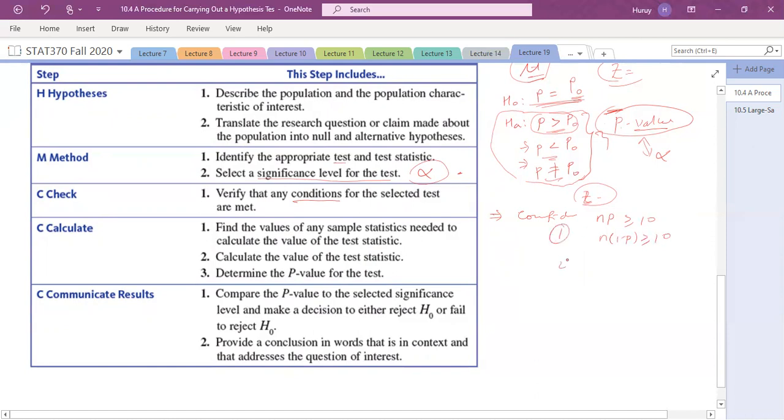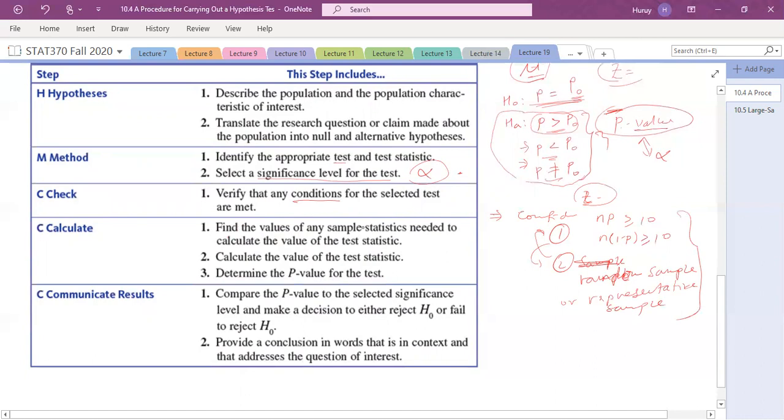And the second condition, you can interchange these, it doesn't matter, is that the sample has to be a random or representative sample. So these are the two conditions that we need to check. It's the same condition as that of the confidence interval.